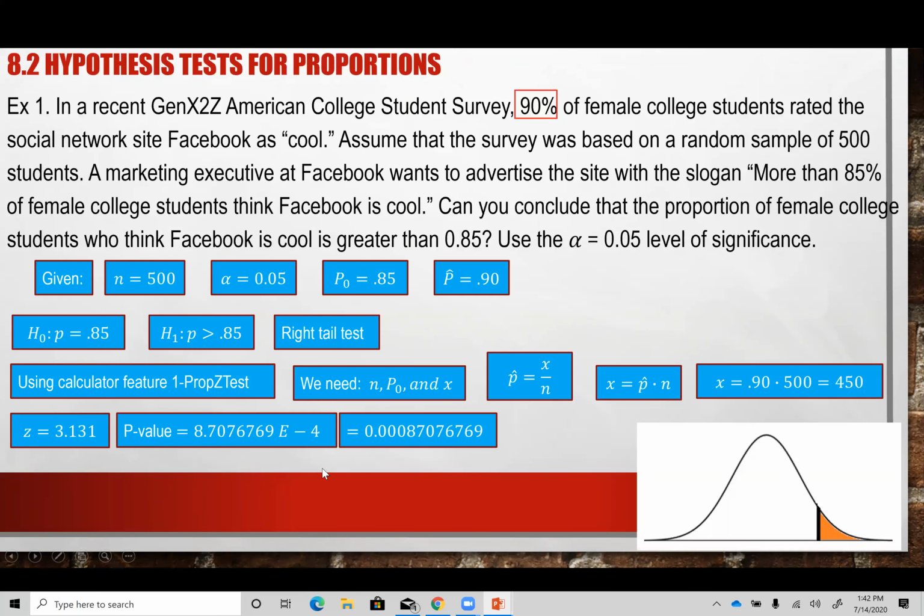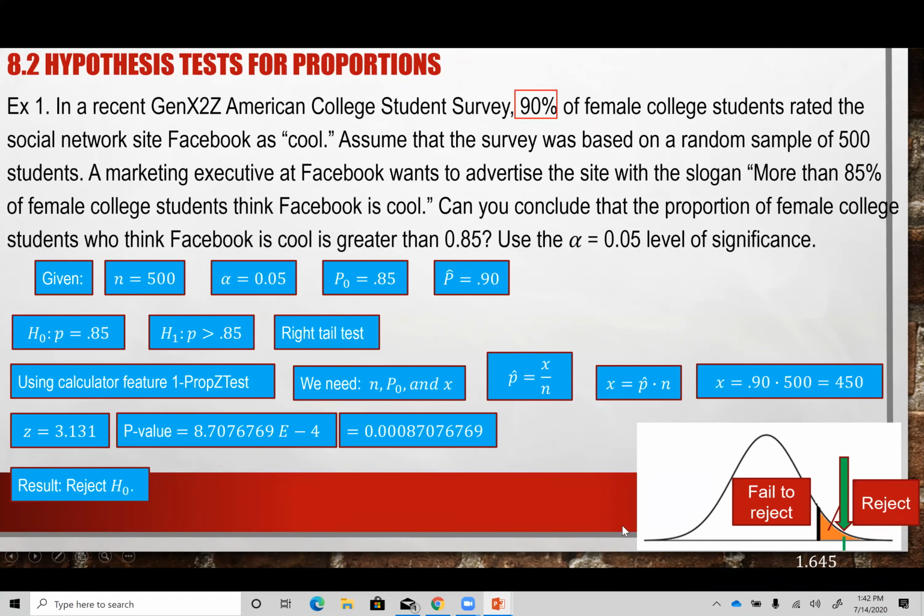So if you do your critical value, we go back to the z because it's a proportional z test. The alpha is 0.05, so the z critical value is 1.645, and 3.131 is somewhere here, which is in the reject region. Or if you look at your p-value, you can see that the p-value is way smaller than the alpha.